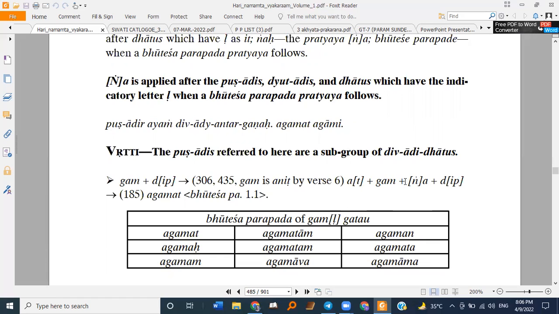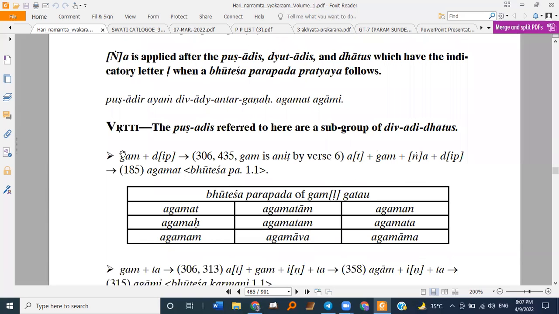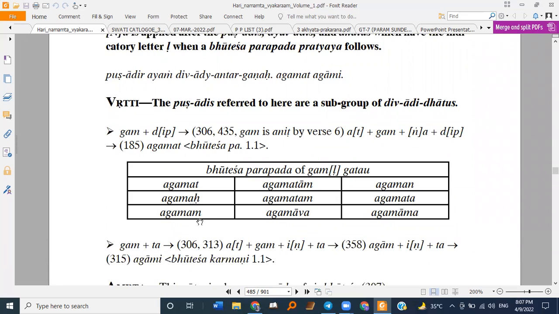Vishnu Janadir Laghur Ramasa Vrishnindra Vidado Sarva Parapade. So we can't do Vrishnindra in any case. So we just combine them and it becomes Agamat. Agamat, Agamatam, Agaman, Ityadi.